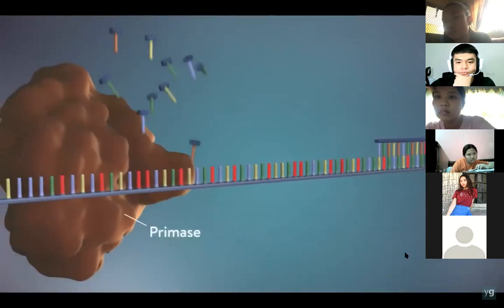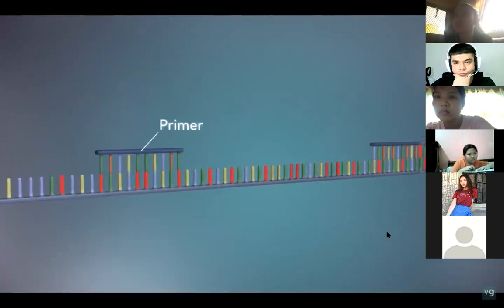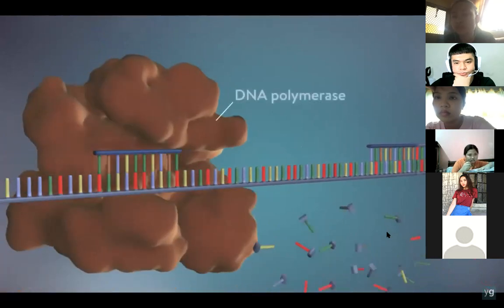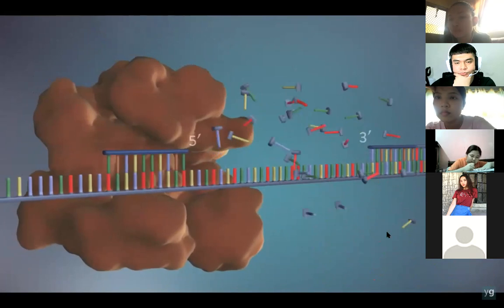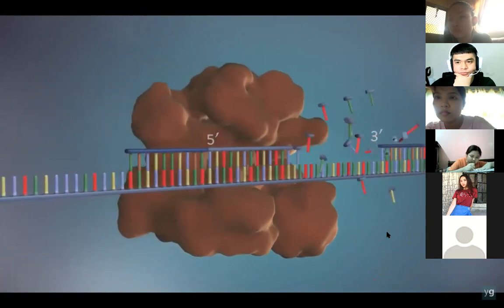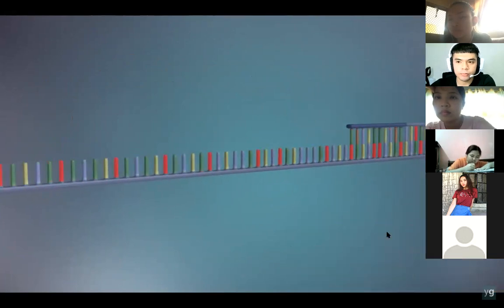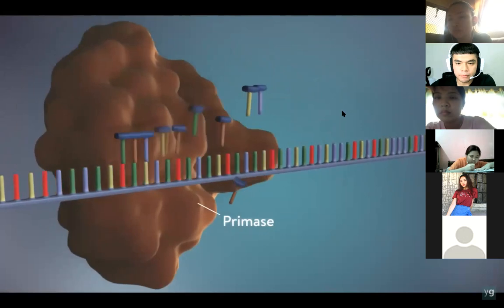Each fragment is started with an RNA primer. DNA polymerase then adds a short row of DNA bases in the 5' to 3' direction. The next primer is then added further down the lagging strand.